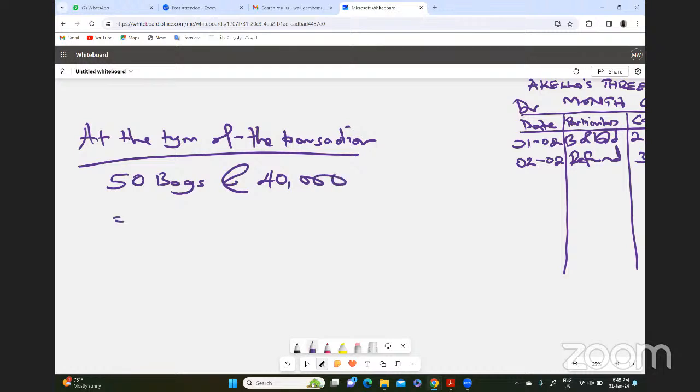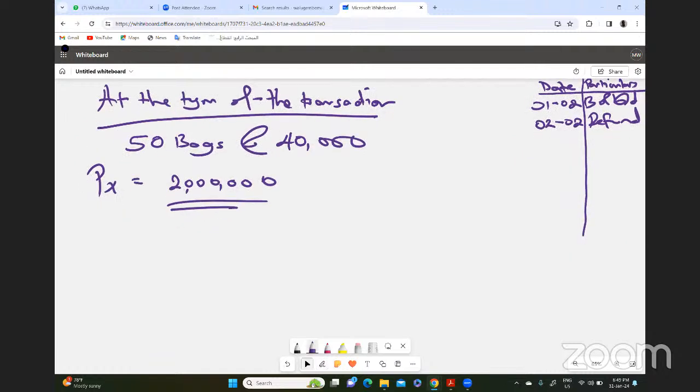So meaning our purchase price is 2 million. That was the purchase price, and this is what Akelo was supposed to pay. Are we together?